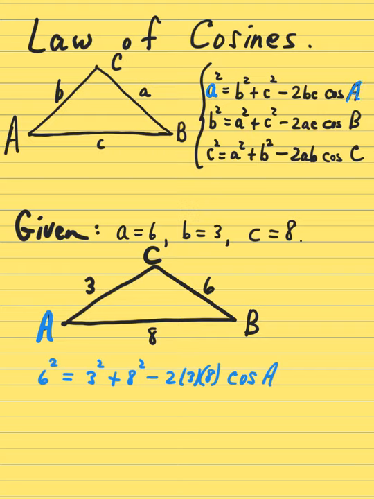Notice how if it starts with a B, it ends with a B. If it starts with a C, it ends with a C. That's true for all three equations.